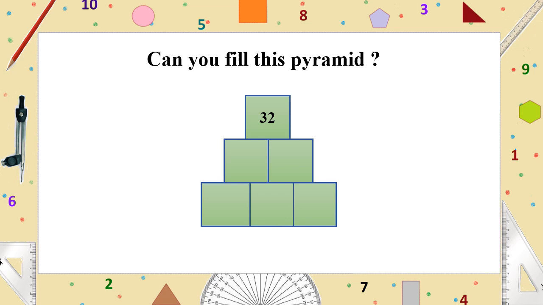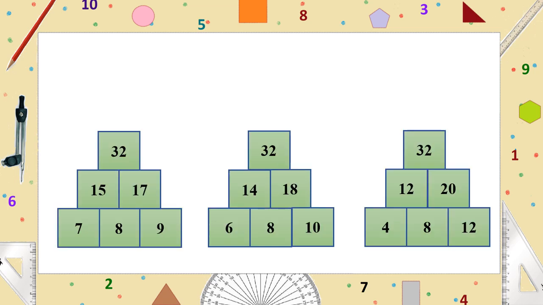With 8 at the middle, we could find many types of pyramids. Three types of pyramids are given in this figure. Here the top layer number is 32 and the middle number is 8. And 1 is subtracted from 8 and 1 is added to 8.